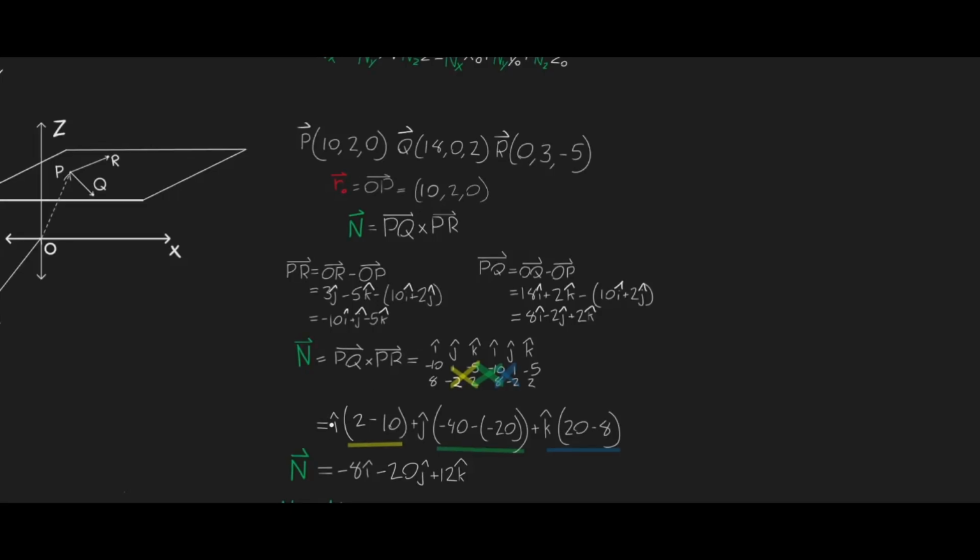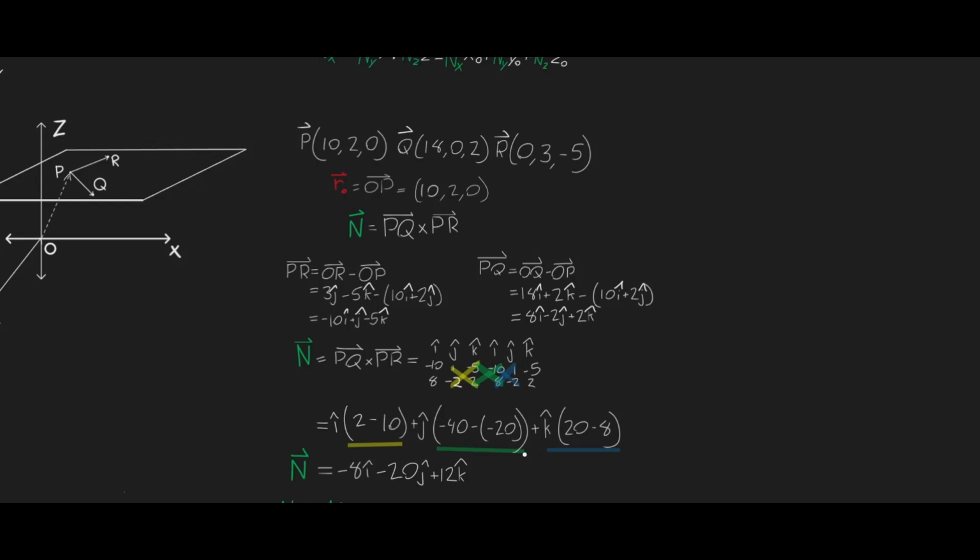So to find the i component of n, we're going to cross multiply what's in yellow. So it's going to be 1 times 2 minus -2 times -5, or 2 minus 10. To find j, we cross multiply what's in green. So it's going to be -5 by 8 minus 2 by -10.